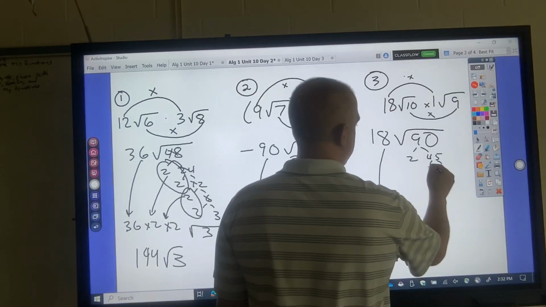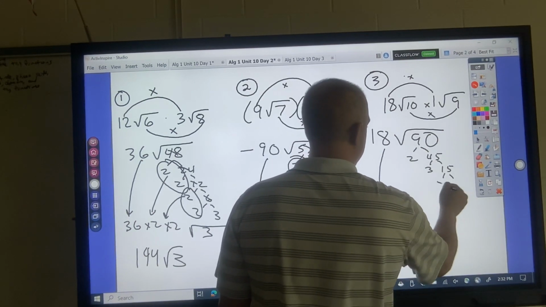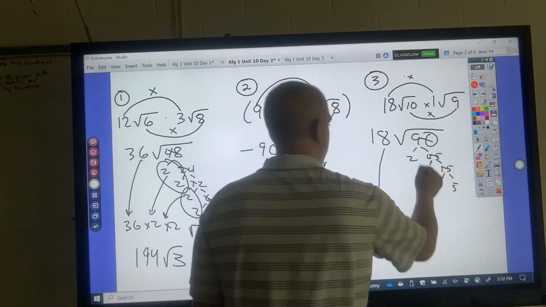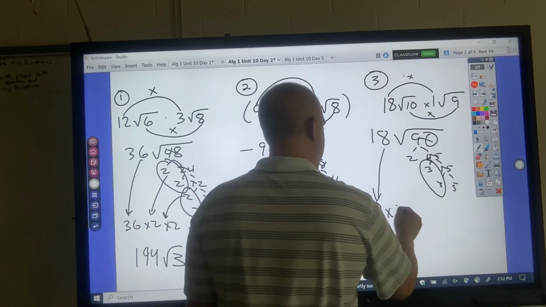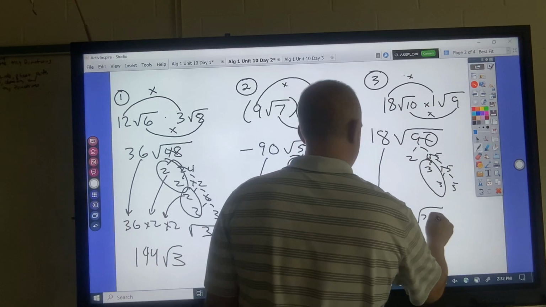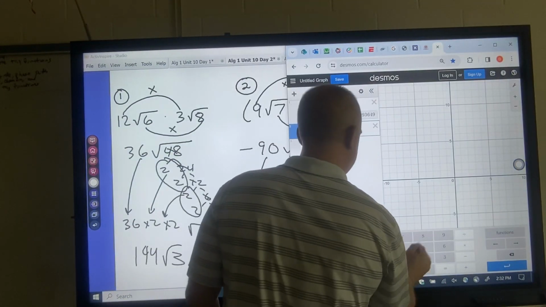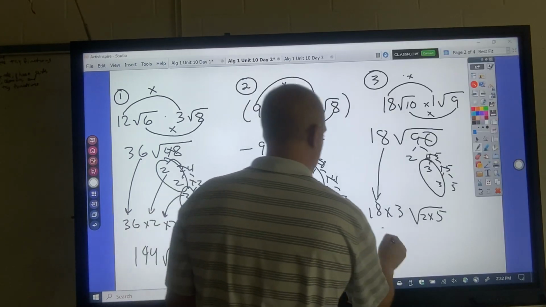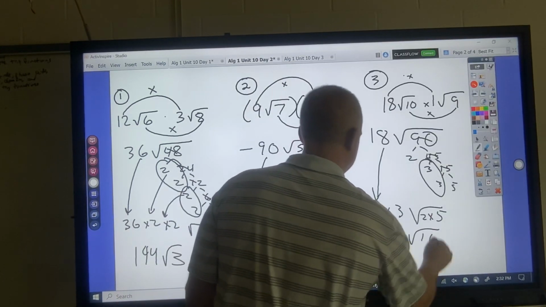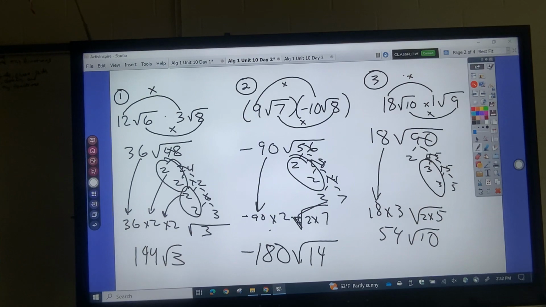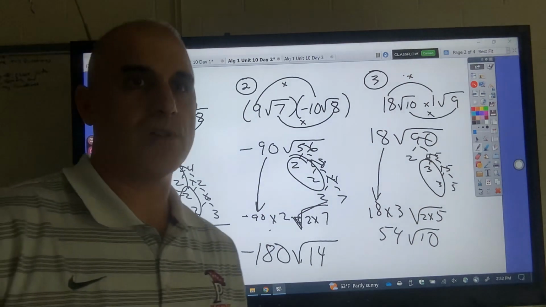Then 3 would have to work, 3 and 15, and 3 and 5. There's my pair. So that would join the 18. 2 and 5 would be here. So 18 times 3 is 54. Square root of 10. Okay, so you can pause your video and go ahead and work on some of those.